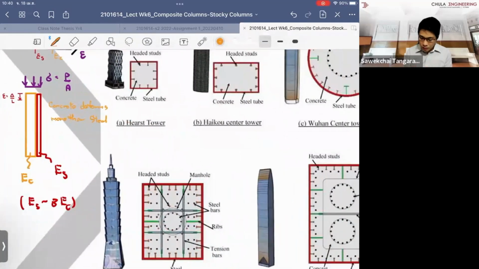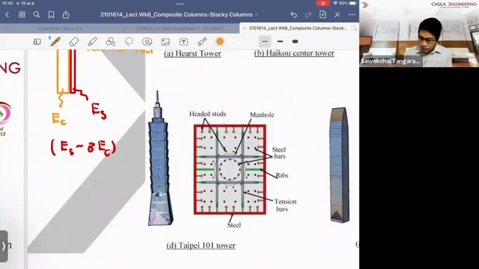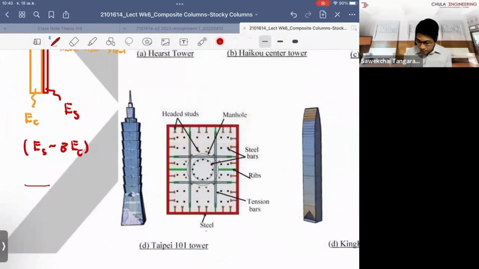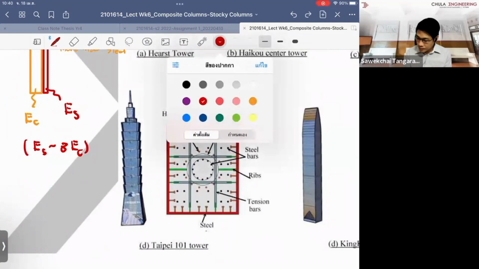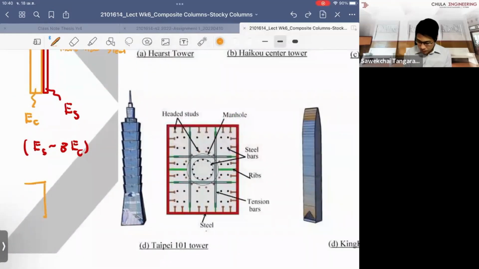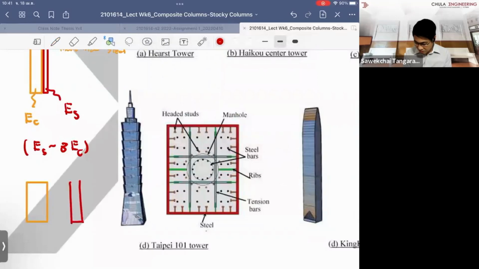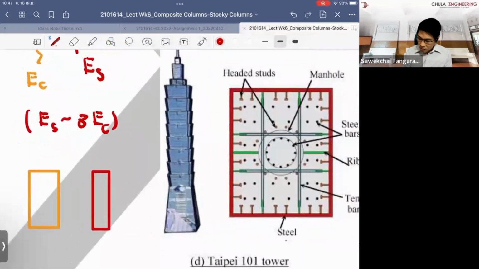If it deforms more, what is happening when you're looking at the interface between two materials? If I zoom it in, there will be a difference in terms of the shear force.